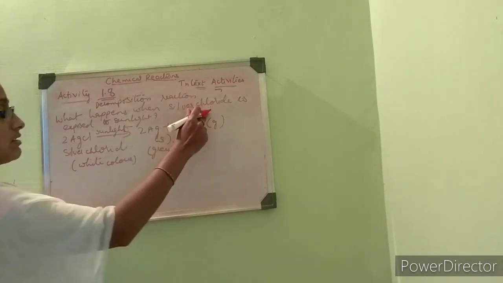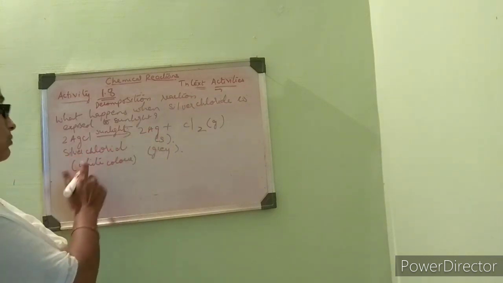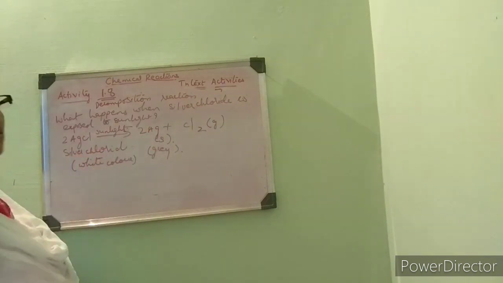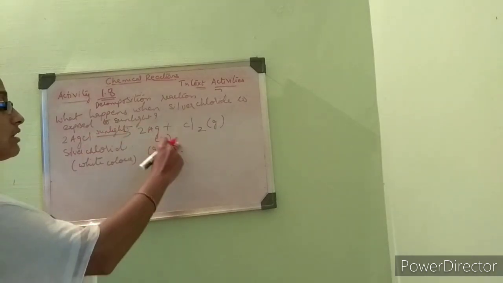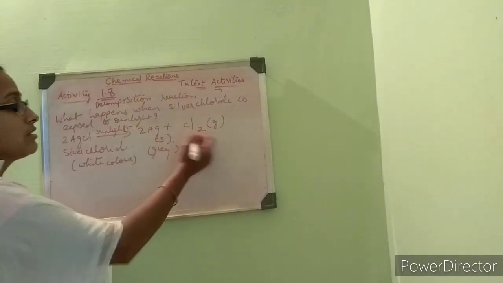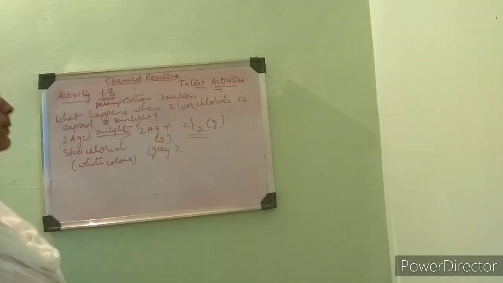Chlorine is the gas released. Before the reaction silver chloride is white in color, and on reacting with sunlight it gives a grey color and also releases chlorine gas.